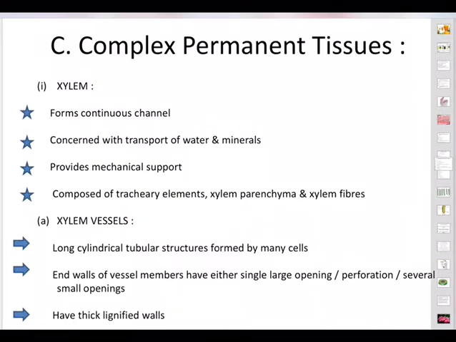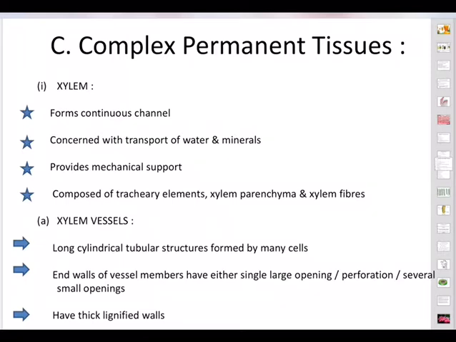And the moment you hear the word xylem, from your background, previous experience, you know xylem is a tissue that is responsible for transportation or conduction of water and minerals. Since it is responsible for conduction of water and minerals, you know water and minerals will be somewhere very deep in the soil.